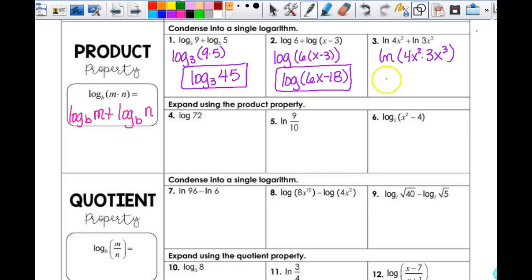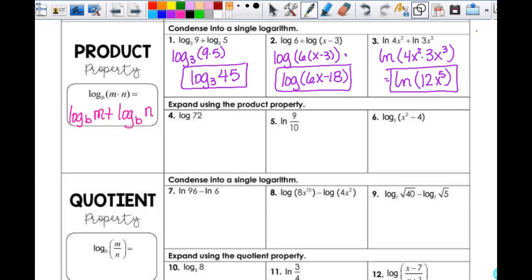So that just becomes the natural log of 12. 3 times 4 is 12. X squared times x to the third is x to the fifth because we add our exponents, and that is the best I can do there.